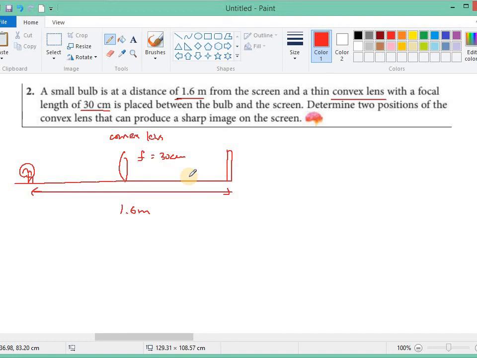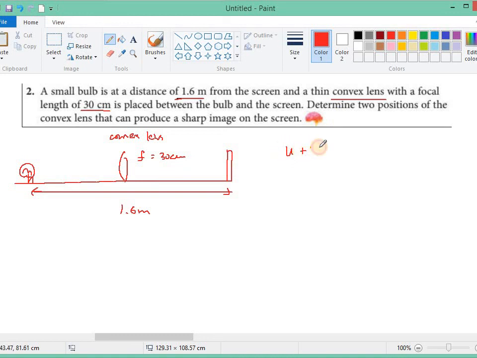If we want to produce a sharp image on the screen, that means the total, the object distance plus image distance, must equal 1.6 meter. That is what we want.